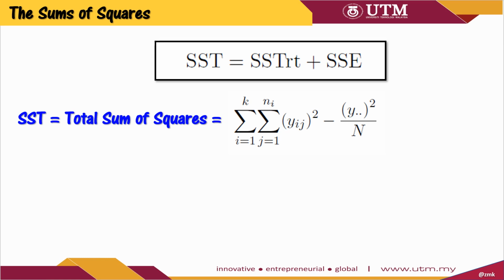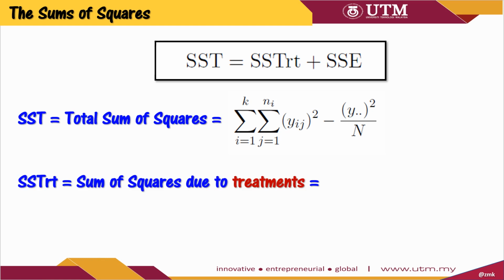The treatment sum of squares SSTRT, on the other hand, is the sum of squared level totals, that is Yi dot squared, divided by the corresponding level sample sizes Ni, minus the grand total squared over the total sample size.